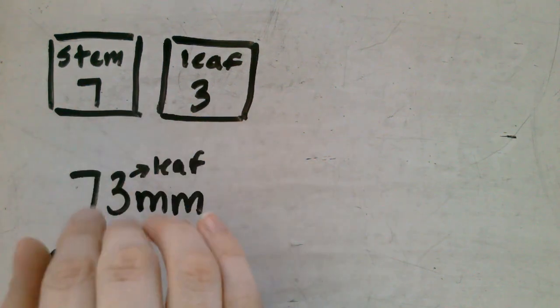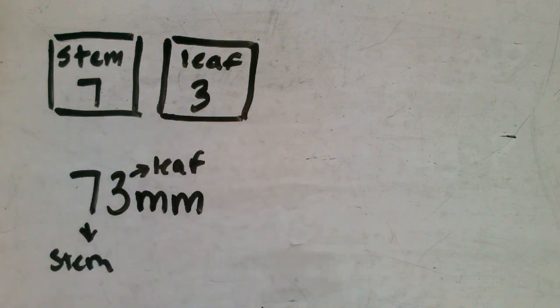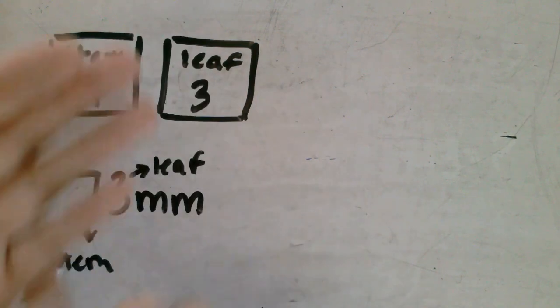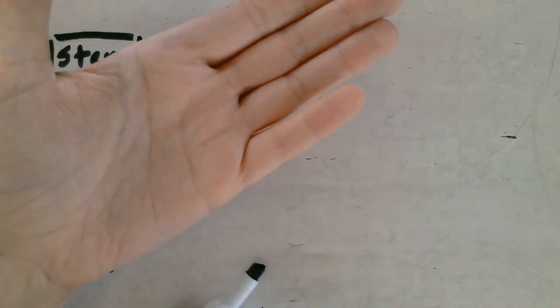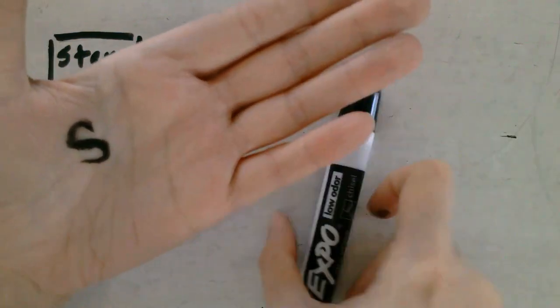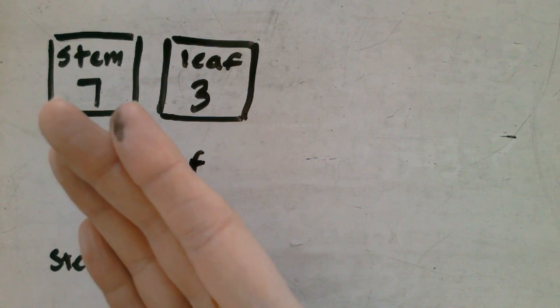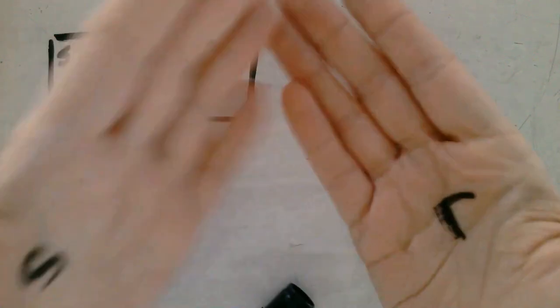Now that we have our personal numbers recorded on our sticky notes, you're going to take your sticky notes. Your stem sticky note is going to go into your left hand. So this is your stem sticky note. In your right hand, you're going to put your leaf sticky note.